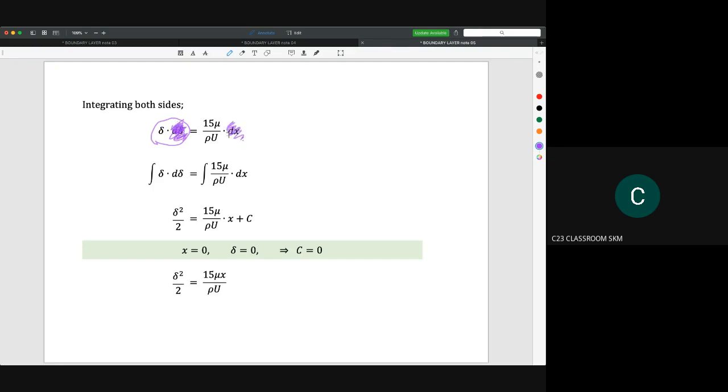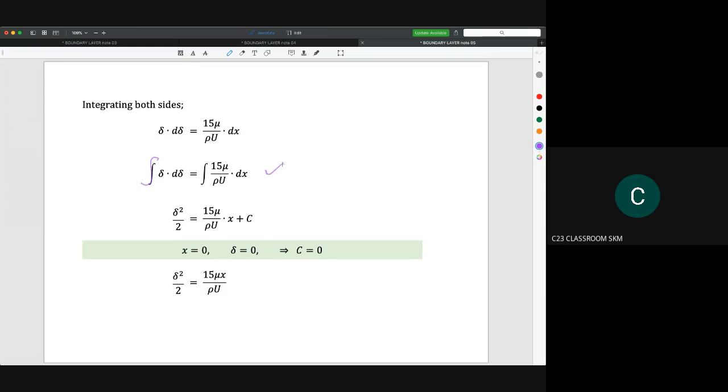But you cannot eliminate it just like that. We need to integrate both sides. You already know how to do this, I think. So we integrate both equations: the integral of delta d delta and the integral of 15 mu over rho u dx.